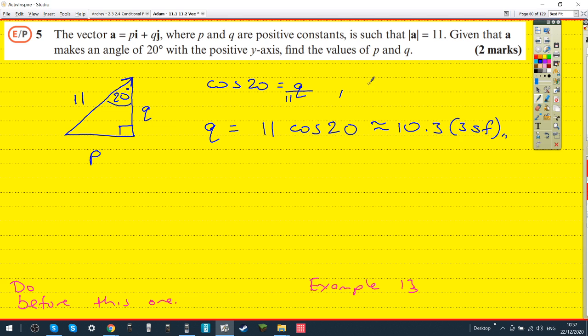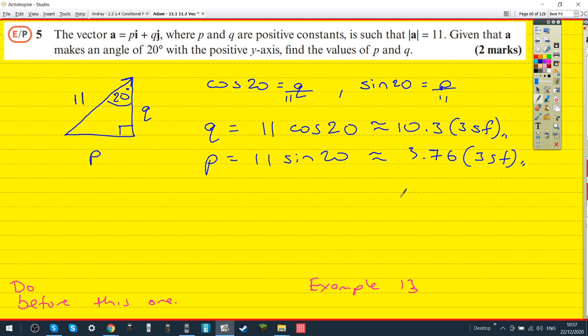But don't. You'd use SOH. So sine 20 equals P over 11, or it could be written out as 11 sine 20 equals P. Yeah, great. Which is 3.76.